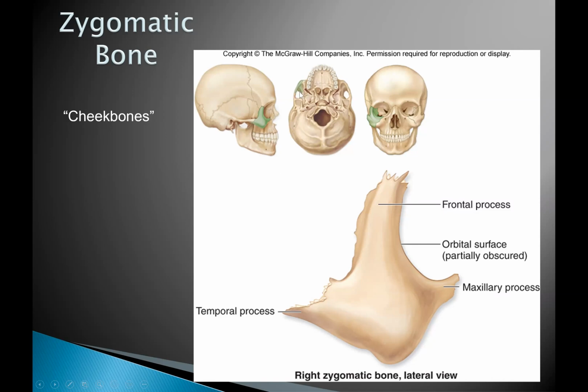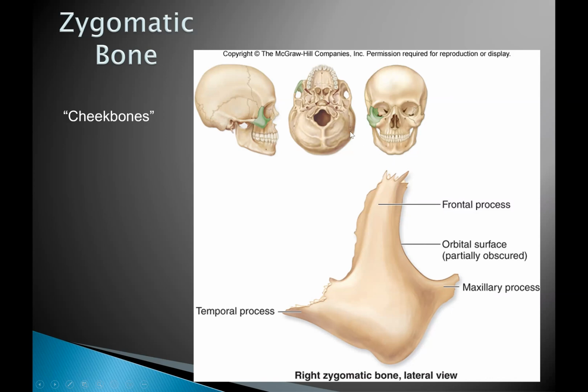And you can see here, this is an inferior view. You can see the zygomatic arch right there. Okay, so the temporal process of the zygomatic bone and the zygomatic process of the temporal bone will form this bridge, this arch. You can see an opening right there. That's the zygomatic arch.